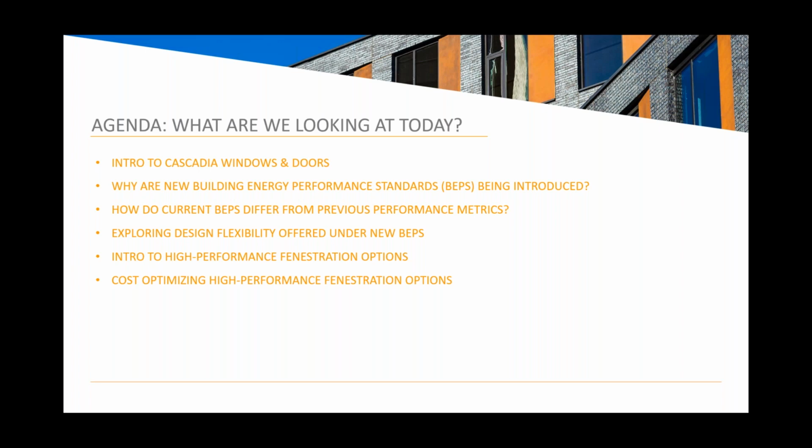We'll explore design flexibility offered under these new building energy performance standards. And we'll also do an introduction into high performance fenestration options. And finally, cost optimization. How do you cost optimize those high performance options so that we're not spending more than we need to on making our buildings comply with these new energy standards?